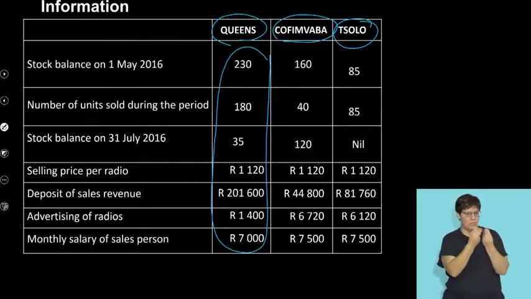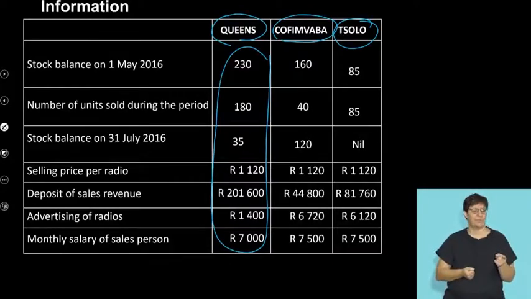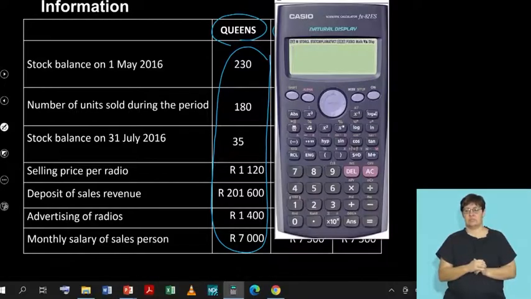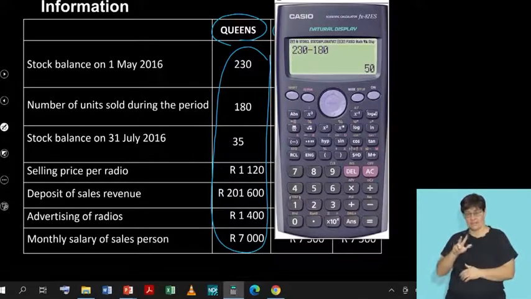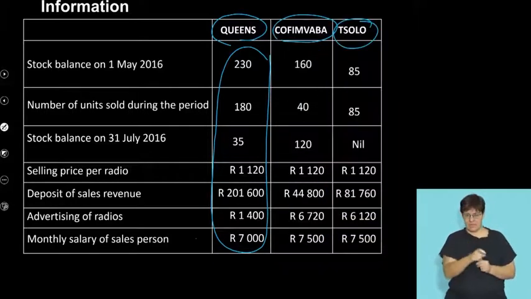Now, let's look at that. If your stock balance is 230, and you sold 180 units, meaning you're supposed to have 50 units on hand. Clearly, you can see that that is not the case because your stock balance is only 35.